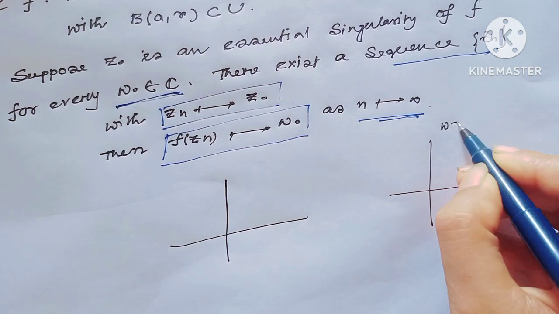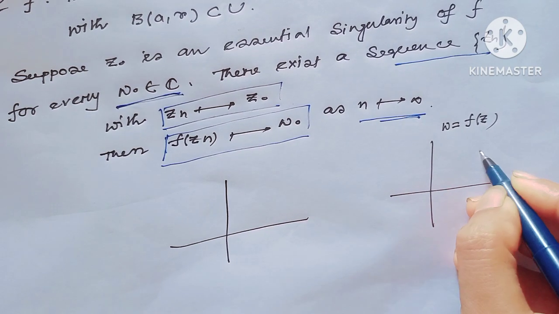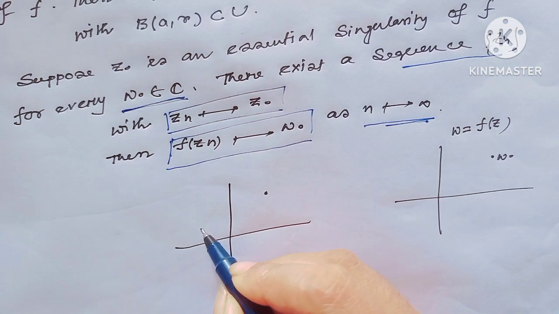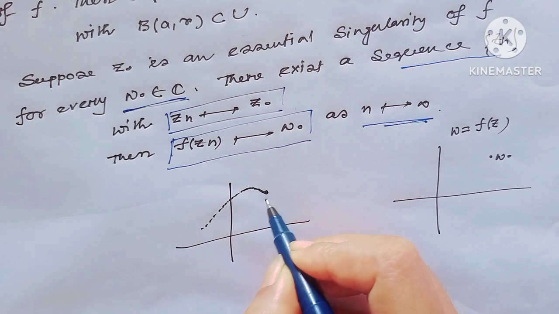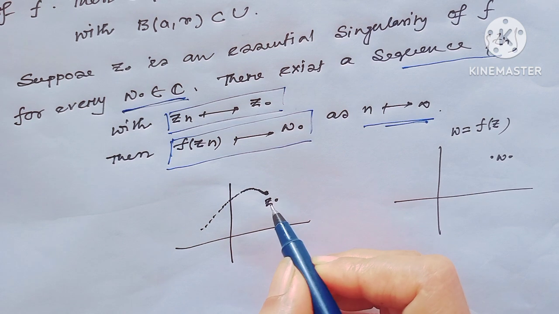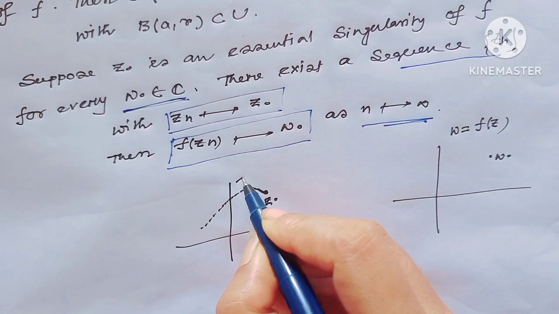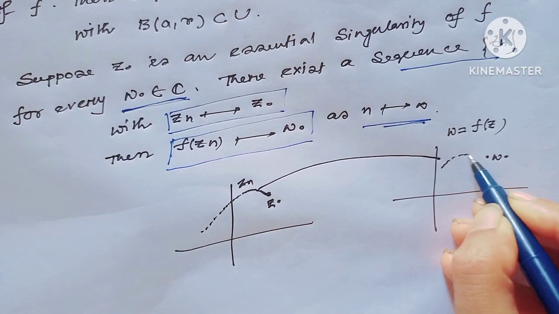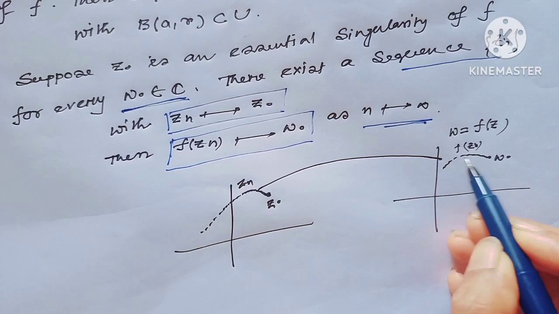Here w = f(z). If we consider w0, then there exists a sequence z_n which converges to z0, where at the point z0 the function has an essential singularity, and f(z_n) converges to w0.